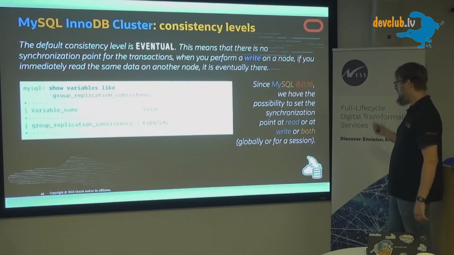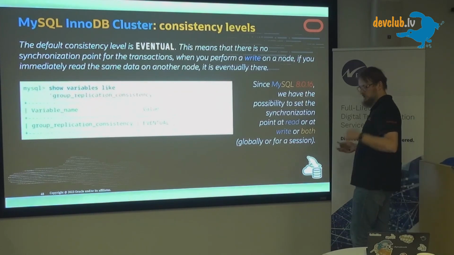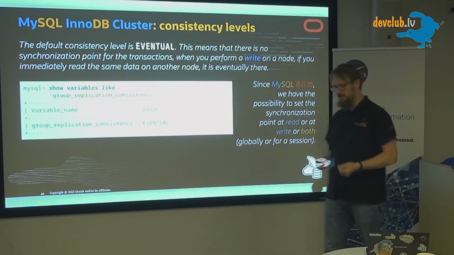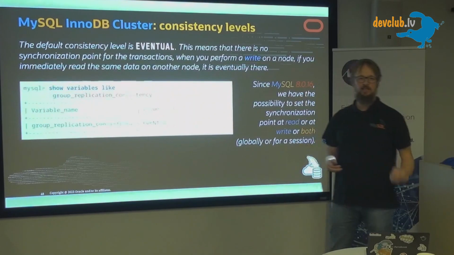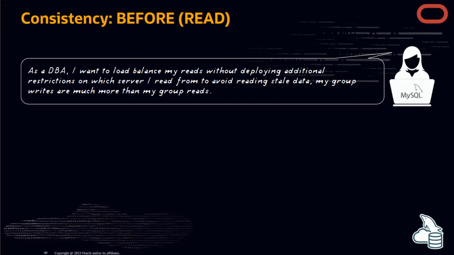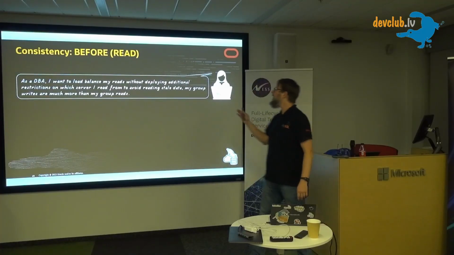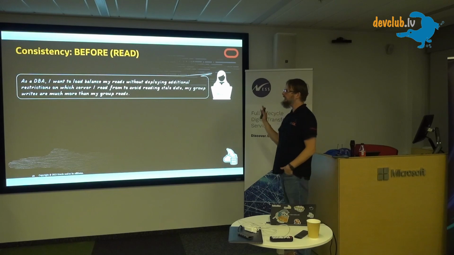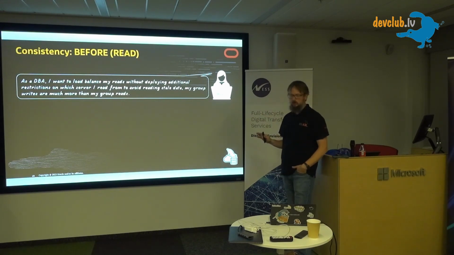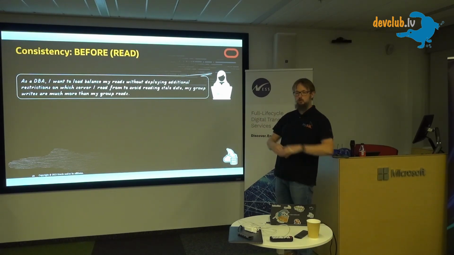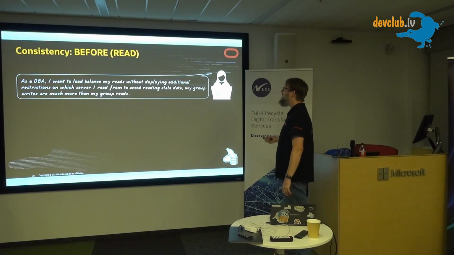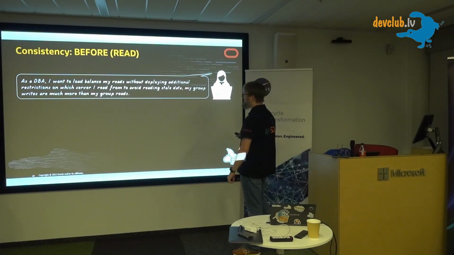So you can change, I want to synchronize all my writes when I read, or all my writes when I write, or both. So if, as a DBA, I want to load balance all my reads without deploying an additional restriction on which server I read from, so I want to read from one of the nodes, but I don't want to read stale data, right?